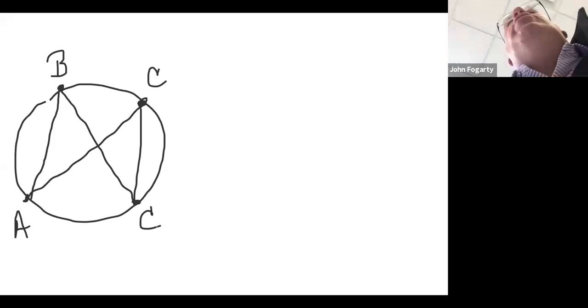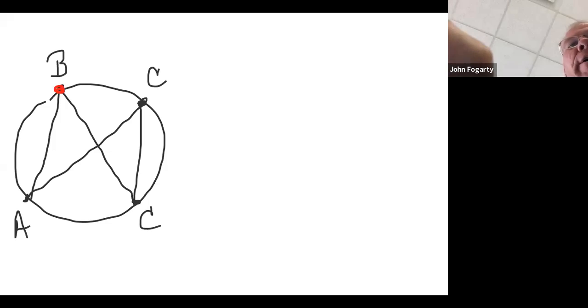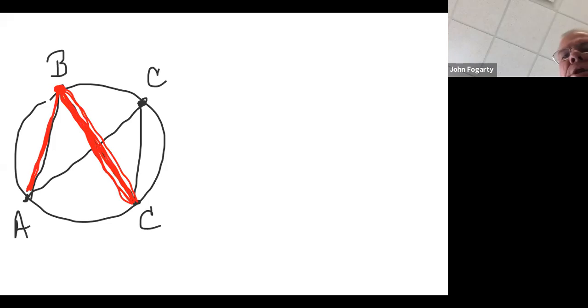And I want you to look at angle B, and I want you to look at angle C. So angle B is this angle right here. I'll put it in red. And then I'm going to talk about angle C. And I'm going to put angle C in blue.